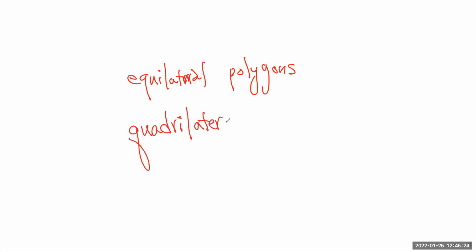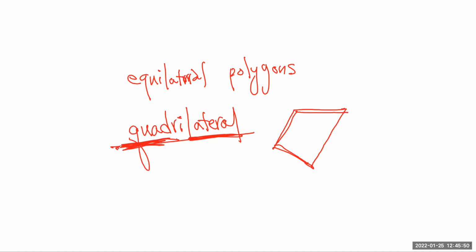Quadrilateral. So the quad here just means four, lateral just means lines. So we say a quadrilateral is a polygon, of course. It has four sides and they are closed. So this will be a quadrilateral polygon.